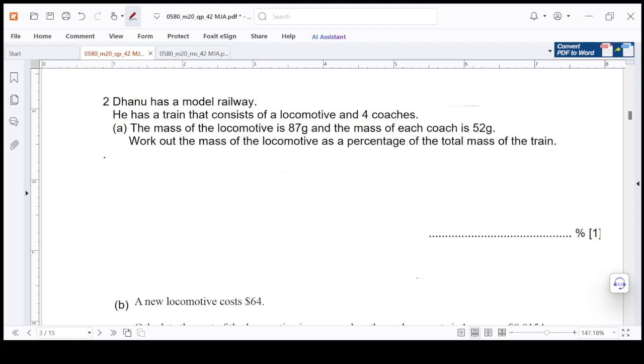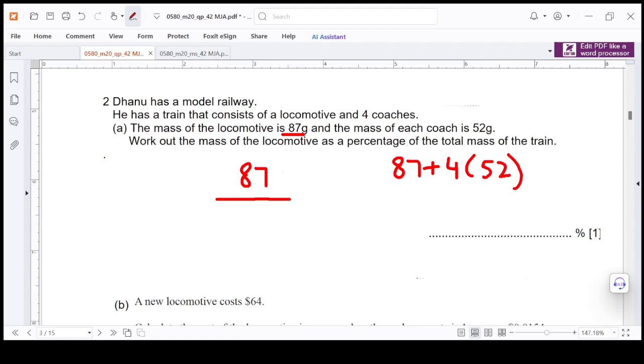So what is the mass of the locomotive? It is 87. And what is going to be the mass of the entire train? The train consists of 1 locomotive and 4 coaches. So 87 plus 4 times 52, it's 295.